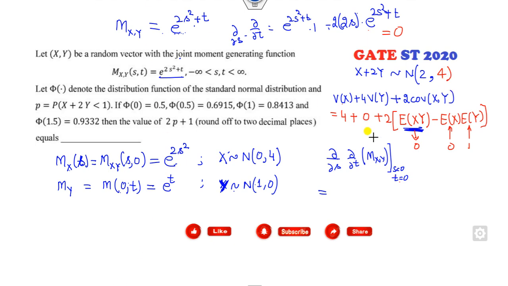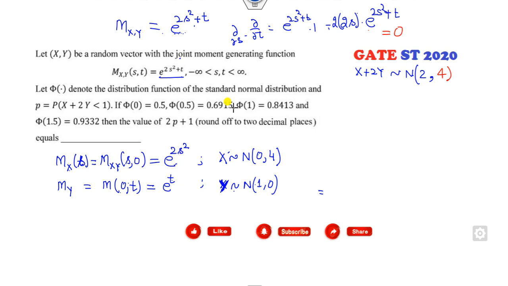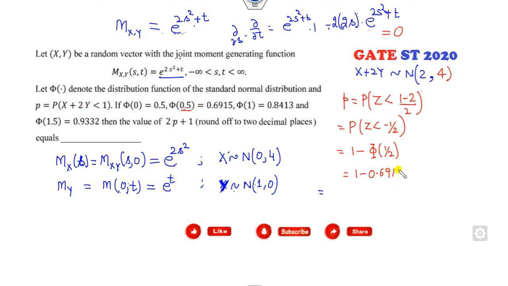Now what is the remaining side? Your target is to find the probability, so I can convert into Z. Z is X minus mu over standard deviation. So the probability is minus half, so minus 0.5. I have a plus 0.5. I can write this number as 1 minus the probability of plus 0.5, and plus 0.5 is 0.6915.